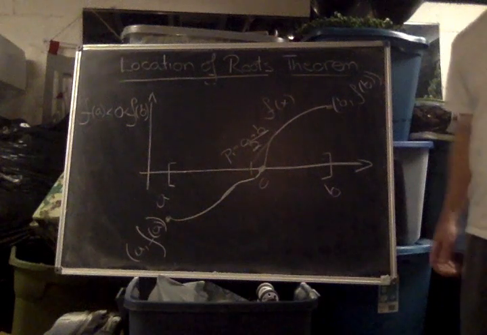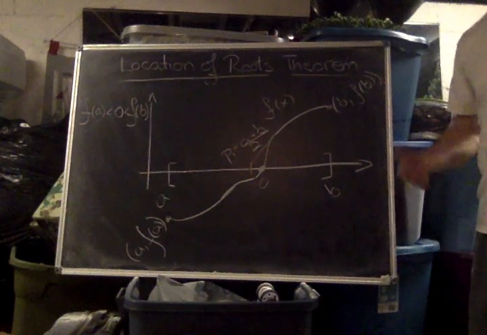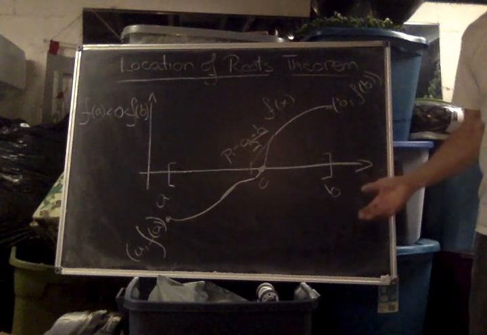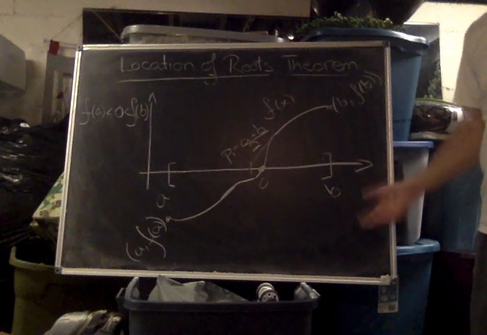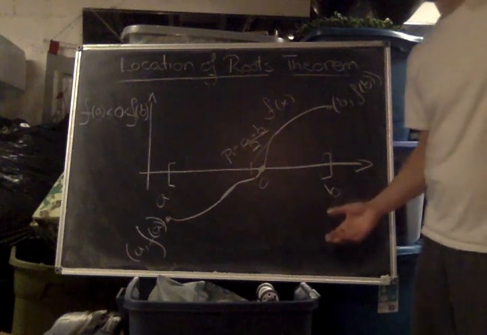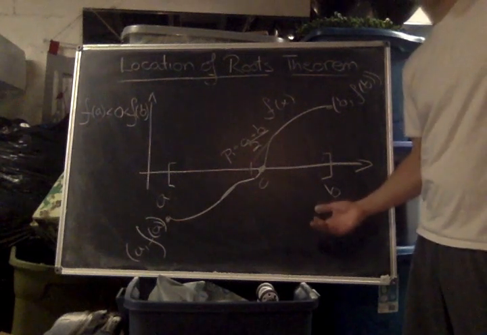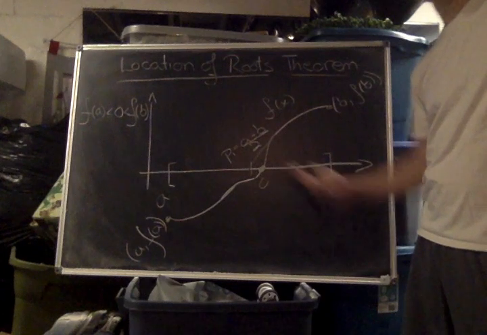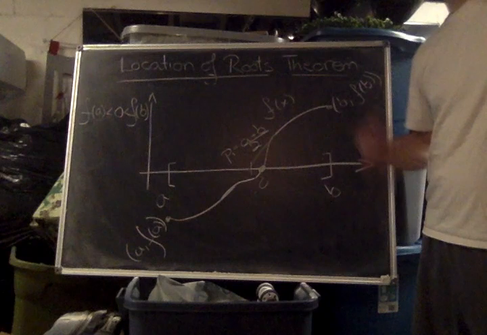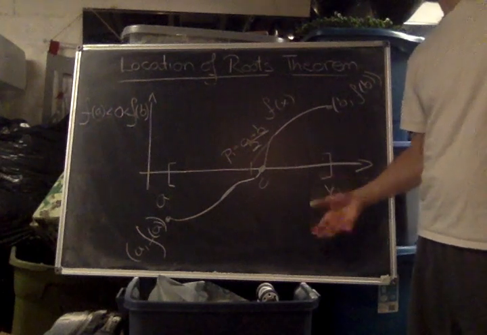Okay, so again, shades of the Bolzano-Weierstrass theorem proof, right? We're going to take this interval and we're going to cut it in two. And again, just like in the proof of the Bolzano-Weierstrass theorem, we're going to want to choose one half or the other of this interval to be the next interval in our sequence.